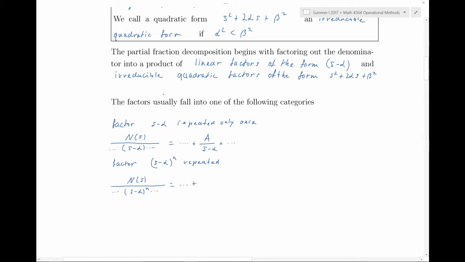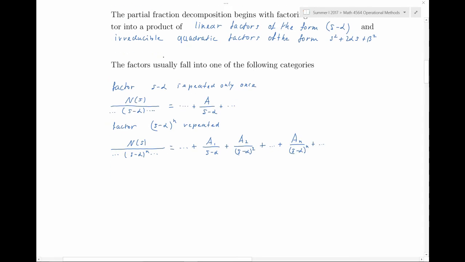Then the partial fraction decomposition will have n fractions with s minus alpha on the bottom, but each other fraction will have a higher power of s minus alpha. And perhaps we may have other fractions.